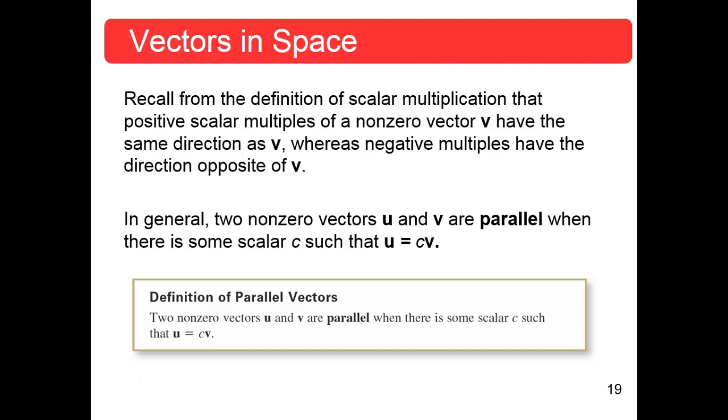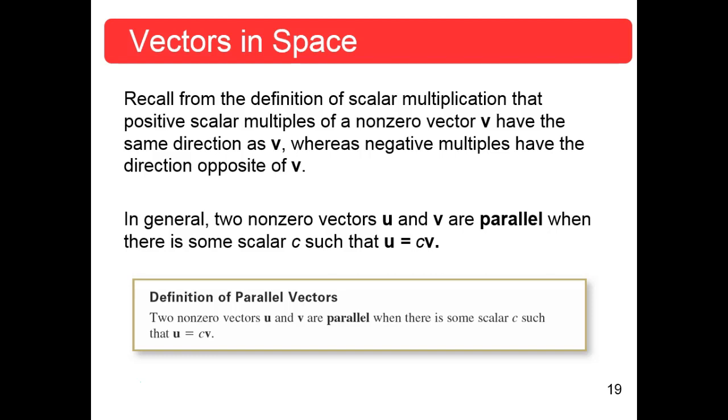Whereas a negative multiple will have a direction opposite to the original V. In general, two non-zero vectors, U and V, are parallel when there is some scalar C such that U is equal to C times V. In other words, they are the same direction, though maybe opposite directions, and maybe different lengths, that's fine too, but those are going to be parallel.